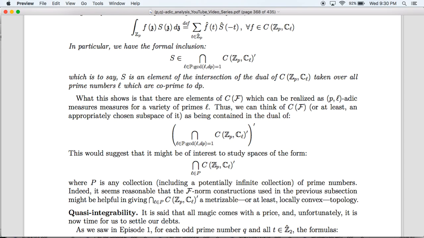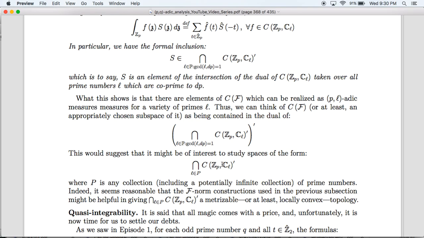This is the space of measures, although it's a Banach space, it is also a vector space. Although we know the intersection of two Banach spaces is a Banach space, that's only if they're Banach spaces over the same field. For two different primes L, these will be Banach spaces over two different fields.